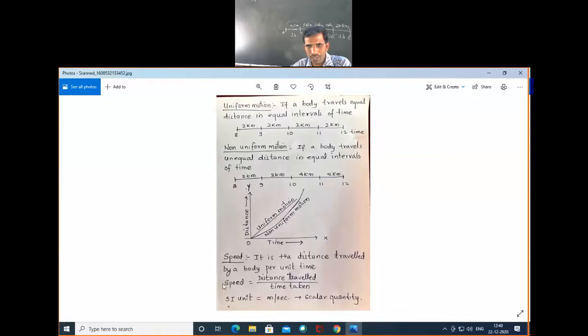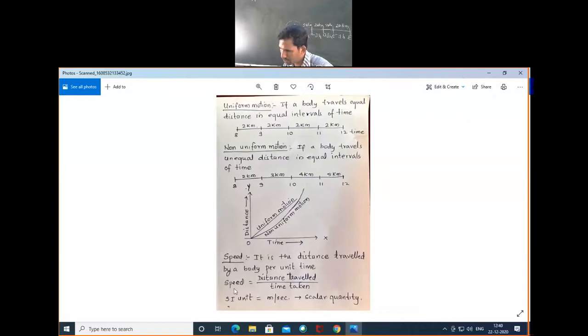So speed can be calculated by using this formula. Speed is equal to distance traveled divided by time taken. You have already learned this. Note it down. Speed is equal to distance traveled per unit time. On this I will give one numerical.